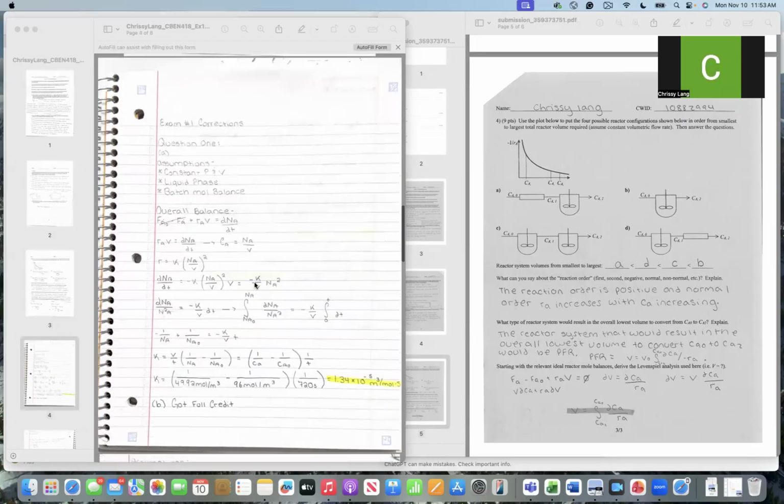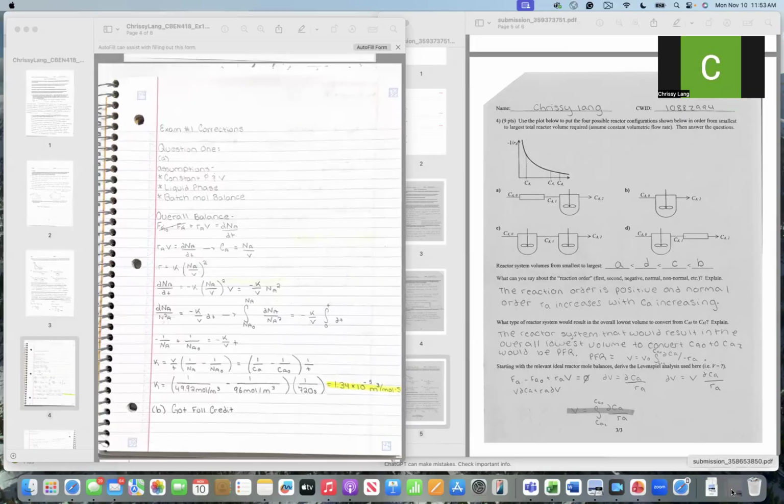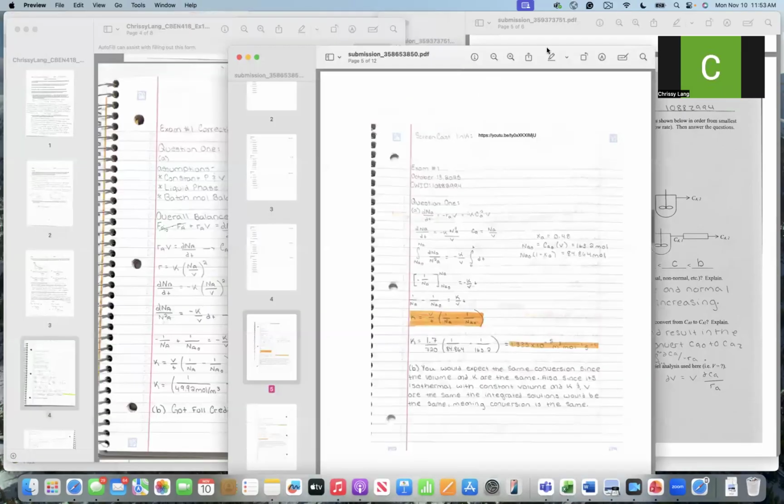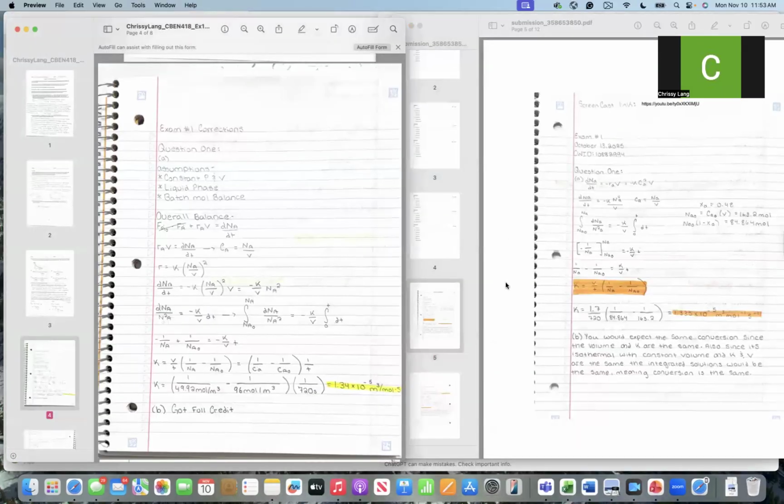Now moving to the out of class portion. In my original submission, I lost points for incomplete derivations and missing units. In the corrected version, I start with problem 1A from the general batch mole balance, and I write dNA over dt equals RAV.